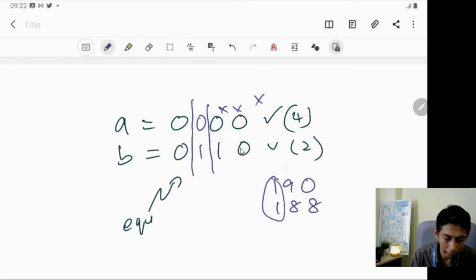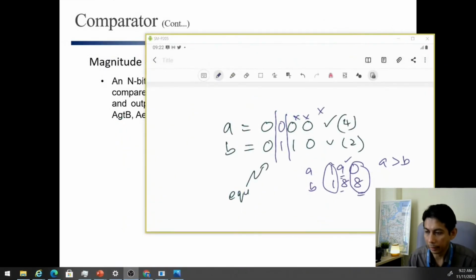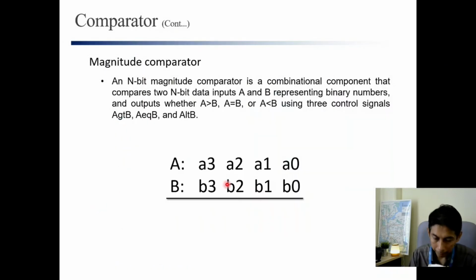So this one is equal, yes, we need to check the second one, and we know that the second one, this is A, this is B, A is bigger than B already, so no need to check the rest already, because we know this one is significant as compared to this one. Okay, same like in digital. So that is the idea.